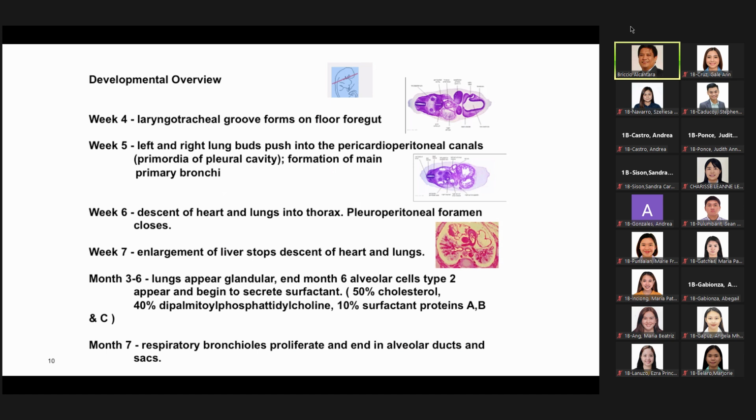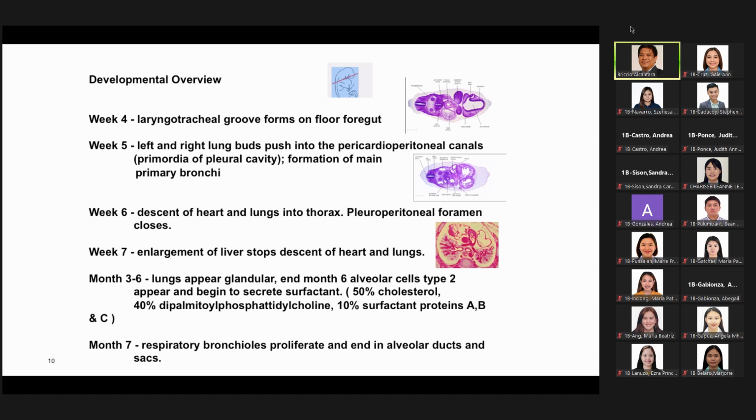At week 7, you have enlargement of the liver, which will now stop the descent of the heart and the lungs. At 3 to 6 months, the lungs will appear glandular, and at the end of month 6, you now have the development of your alveolar cell type 2, which are your surfactant cells, because they will be the ones to secrete your surfactant made up of 50% cholesterol, 40% DPPC, dipalmitoyl phosphatidylcholine, and 10% surfactant proteins A, B, and C. Okay?